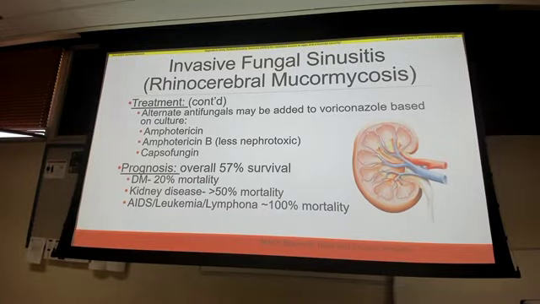You start the voriconazole because that's broad spectrum coverage, and then once we do the culture, we can tailor our antifungal treatment. Prognosis is about 57% overall as long as it's caught and we get the proper care for this patient. But look at that 100% mortality for patients that have AIDS, leukemia, or lymphoma.